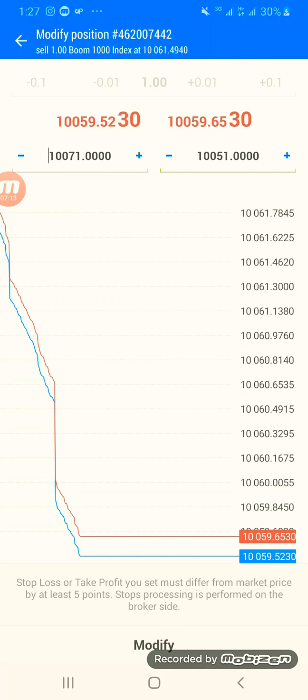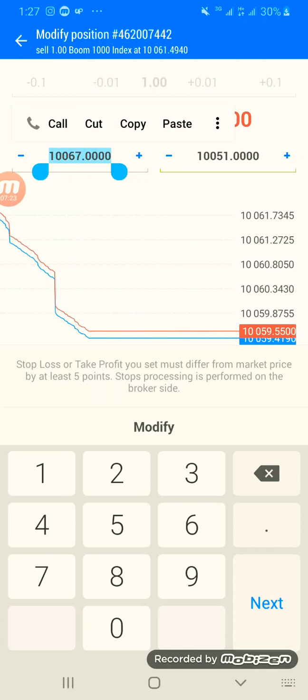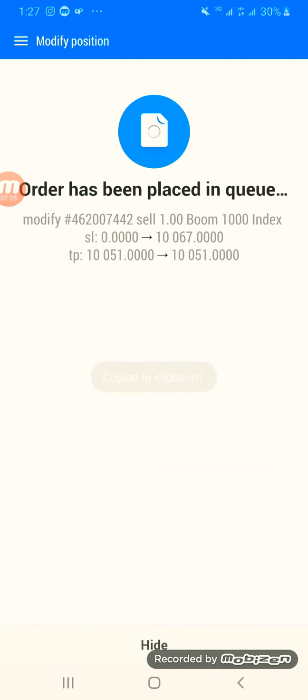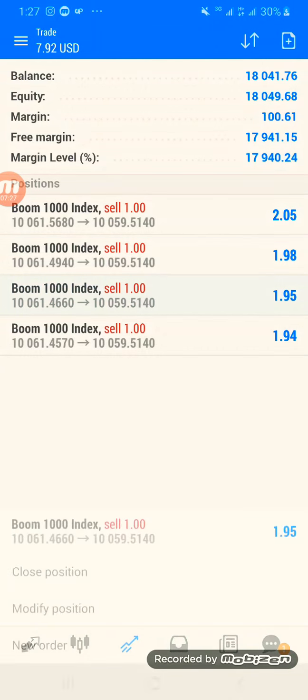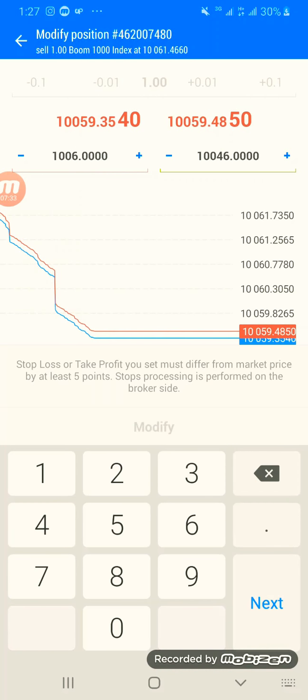You can also make, if you want, 67. This is also 10. And what do you think this will be?